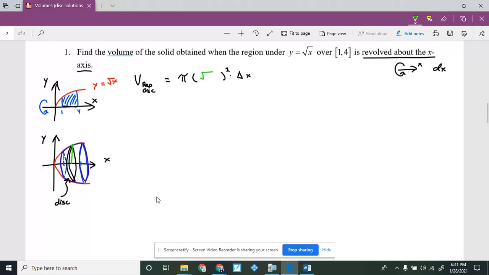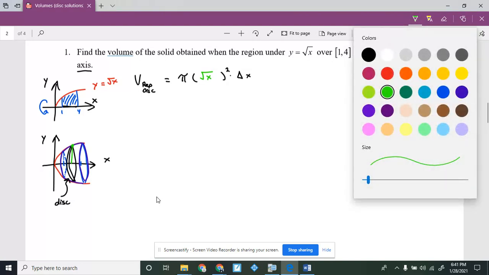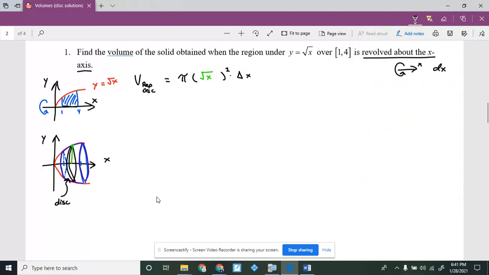So my radius is just radical x. Now that would be the volume of just one disk. What do I want to do? I want to add them all up as the thicknesses go to 0. So I would say, okay, volume of the solid, I'll pull the pi out. Integral, I'm starting at 1, ending at 4. And then, oh, by the way, the square root of x squared, that's just going to be x.